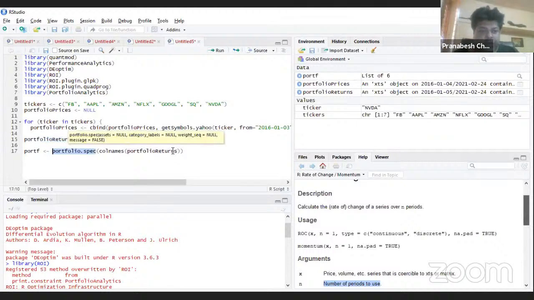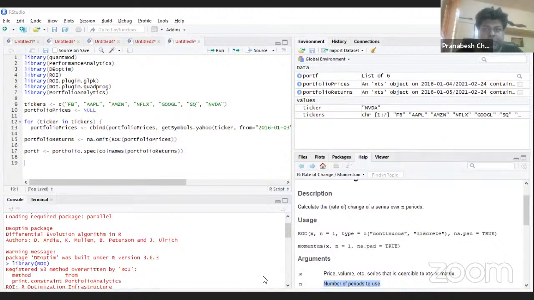Now let's go ahead. The next thing that we want to do is optimize our portfolio, right? We will see about optimization. Let me show you something actually.